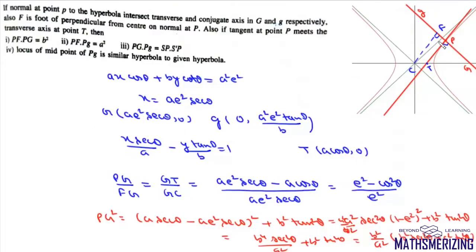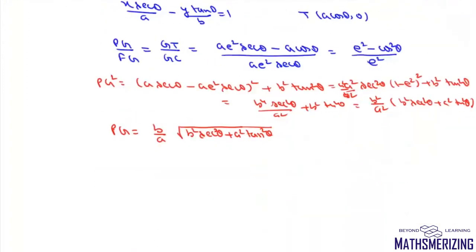Now we find PF. Now PF is equal to this distance, which is say CL, which is the perpendicular distance of the tangent from the center C. So we'll find the equation of the tangent. The equation of the tangent is X secant theta by A minus Y tan theta upon B, it is equal to 1.